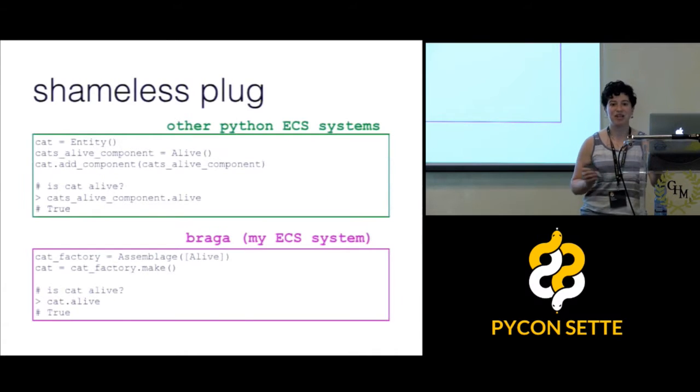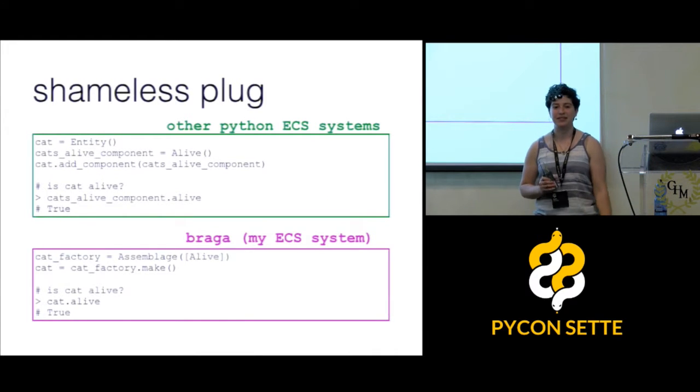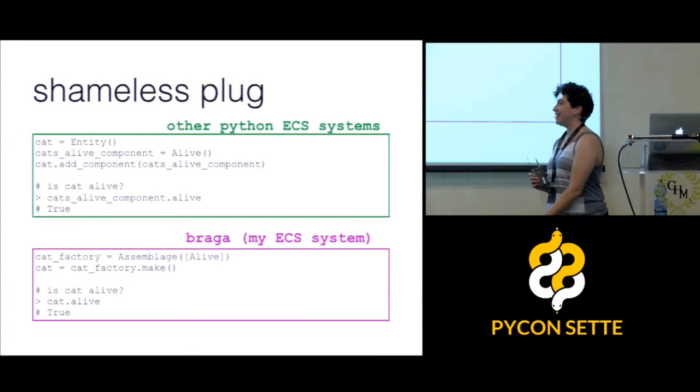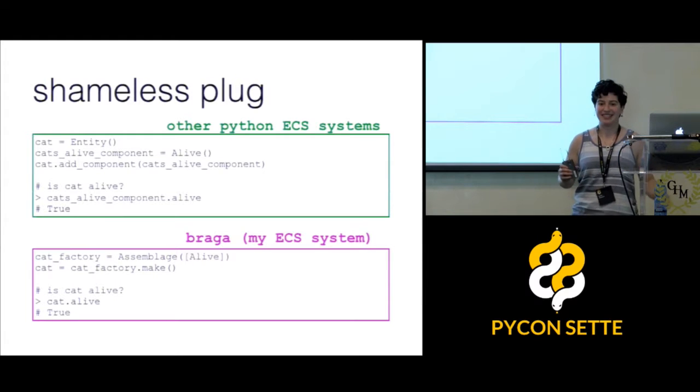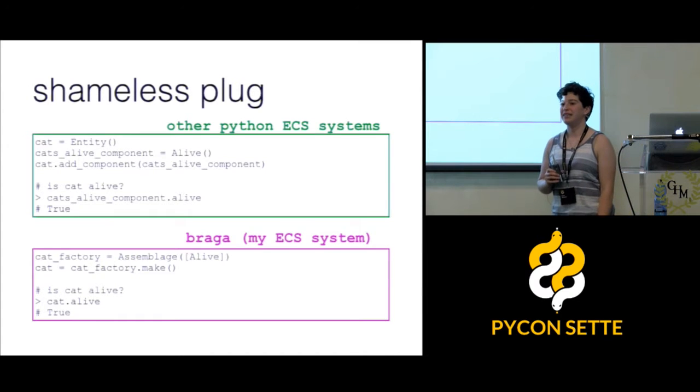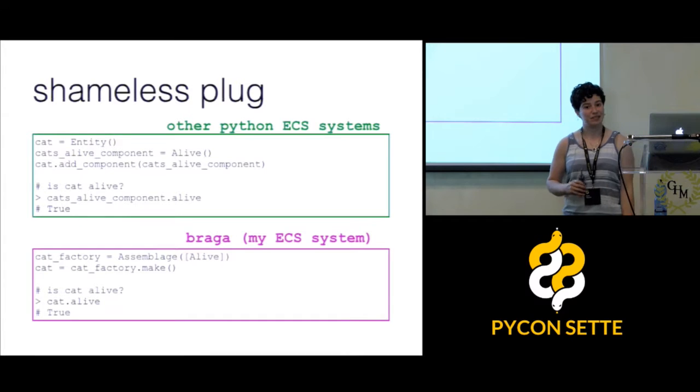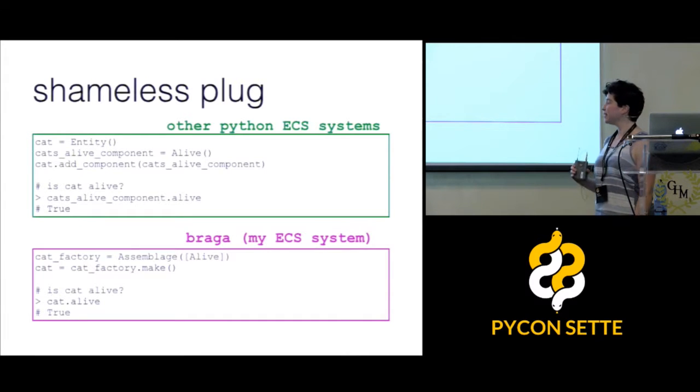So, shameless plug. I really wanted to use ECS, so I wrote my own ECS library for Python. And it's better than the other ECS Python systems. First of all, because I maintain it. Second of all, I understand that while ECS is not inherently object-oriented, I want to make it so, if I can.